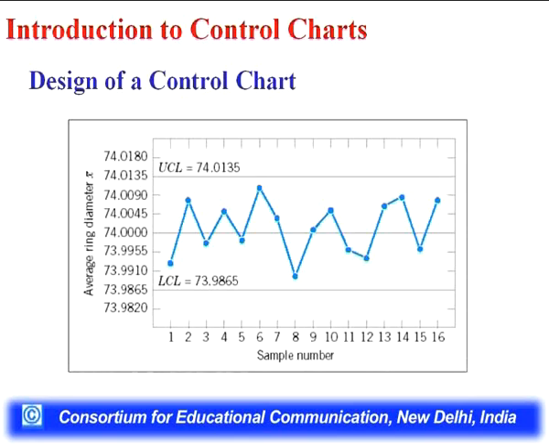Every time a sample of 5 pieces is taken, the average is calculated for each sample, and the average is marked on this control chart. Luckily, in this diagram, all the points are within the control limits. So we can say that the process is under control.